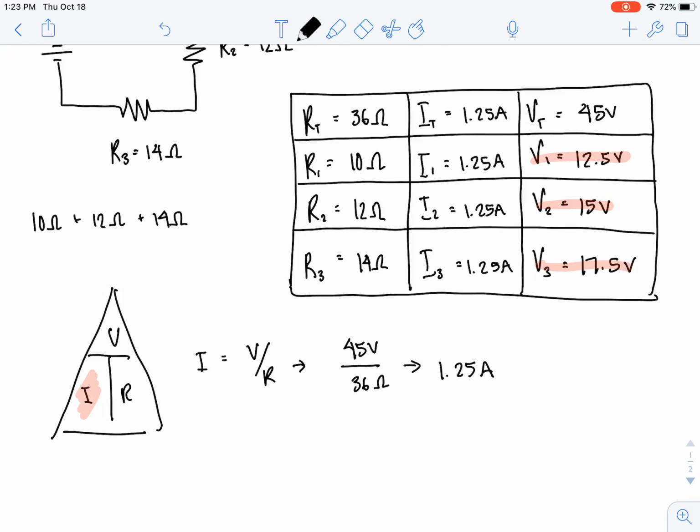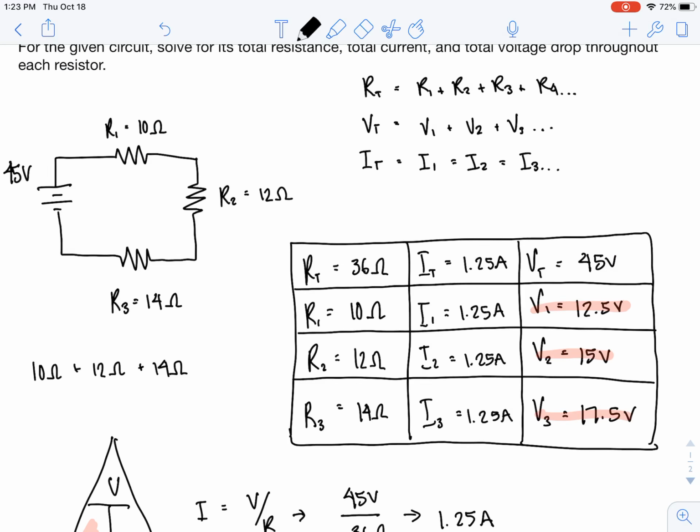When they add up, this should equal 45 volts, and it does. So I know that this is correct. These three are correct just based off of adding them all up. That's a cool thing about this. You can double check with anything just by adding them all up.